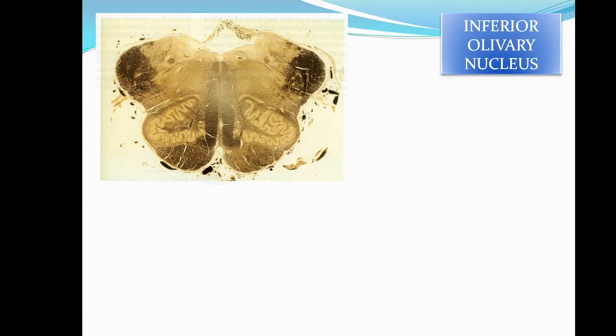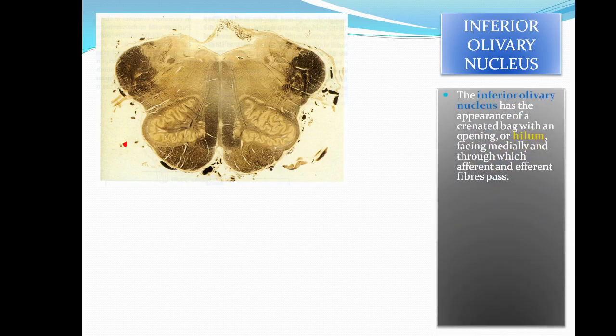The inferior olivary nucleus has the appearance of a crenated bag with an opening at the hilum facing medially, through which afferent and efferent fibers pass. So the inferior olivary nucleus is purse-like, and this is the hilum.